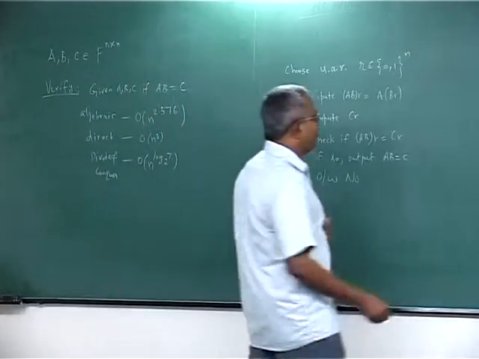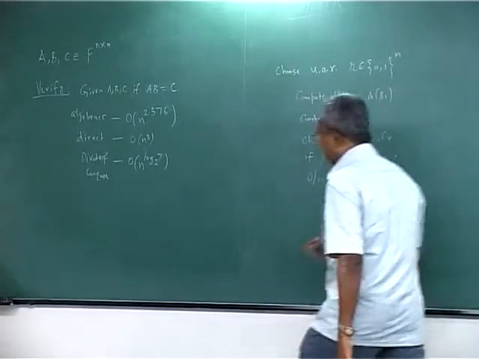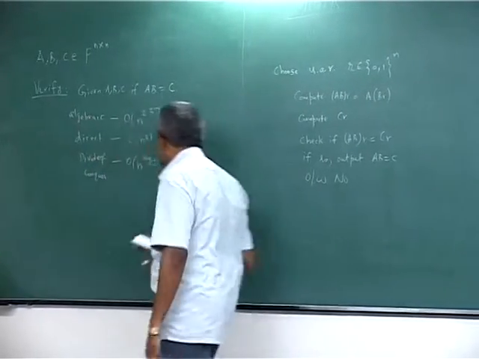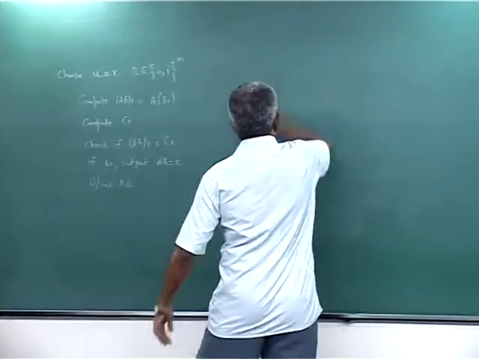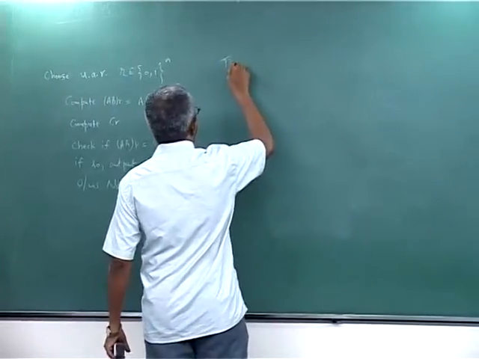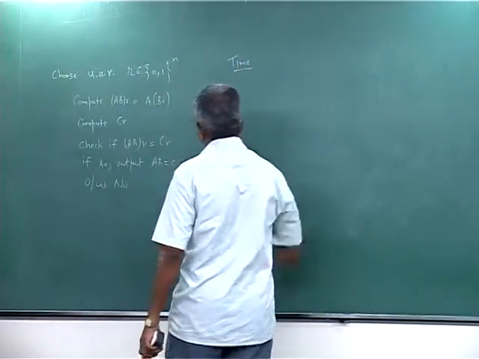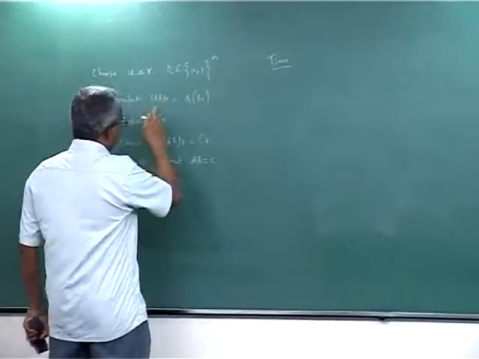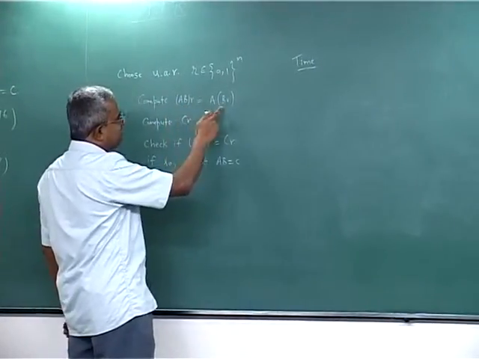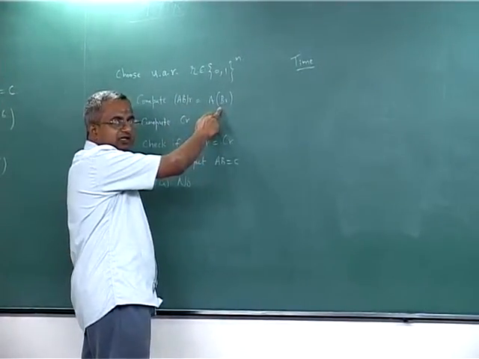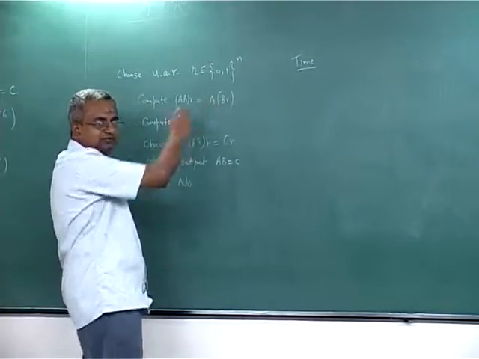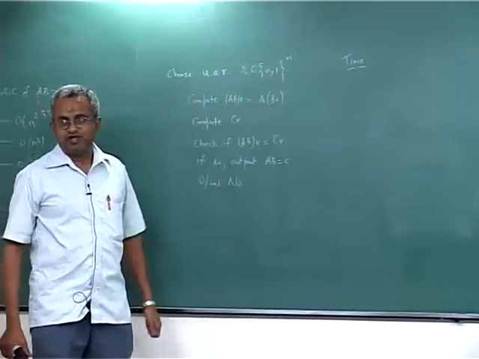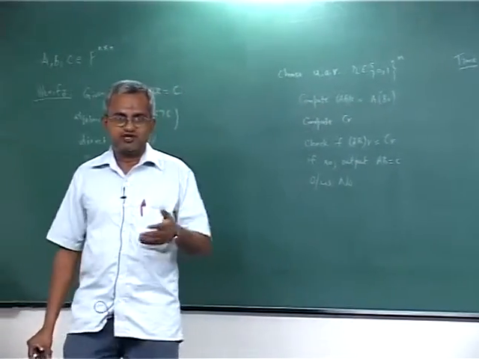So, what about time? If you look at the time complexity, we know that ABR can be computed by first computing BR and then post multiplying A with that column vector. Computing BR will require how much time? n squared.